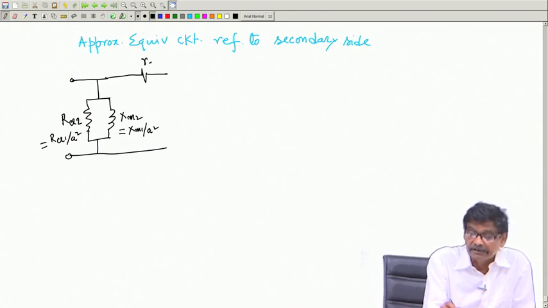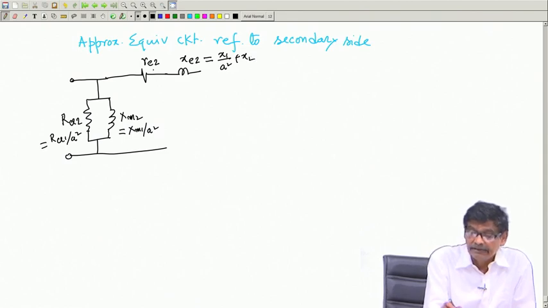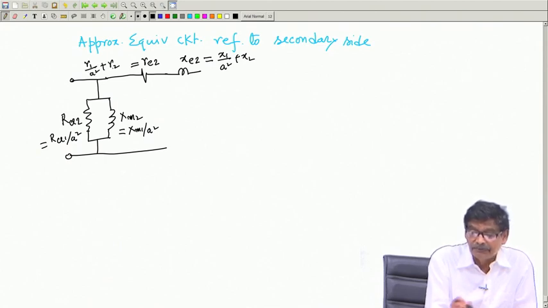I will write here as RE2 and XE2, where this XE2 will be equal to X1 by A squared plus X2, and this RE2 will be equal to R1 by A squared plus R2.